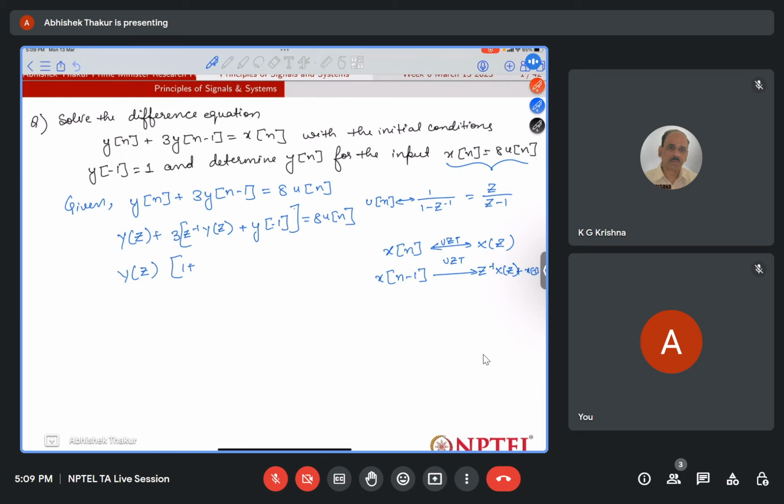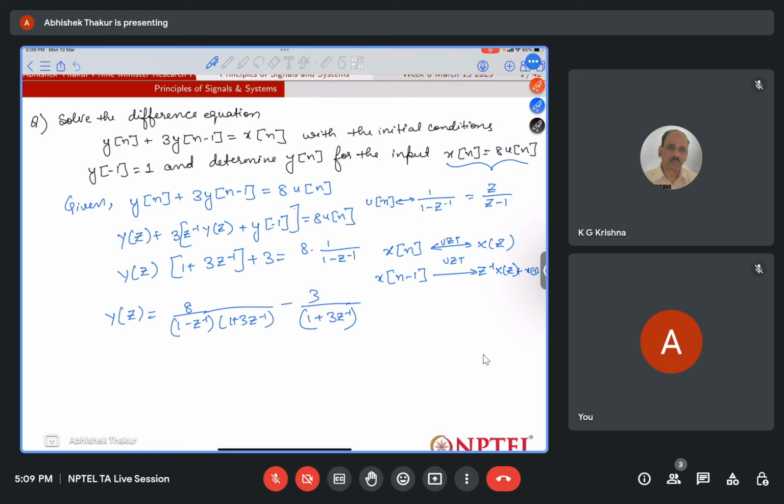Then we will get (1 + 3z^-1) Y(z) + 3 equal to 8 times the Z transform of u[n], which is 1/(1 - z^-1). So we'll get Y(z) = 8/((1 - z^-1)(1 + 3z^-1)), and this + 3 will come to this side, and this term will come in the denominator, 1 + 3z^-1, because we have divided the whole equation by 1 + 3z^-1.